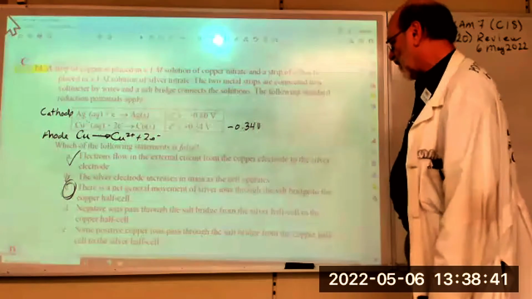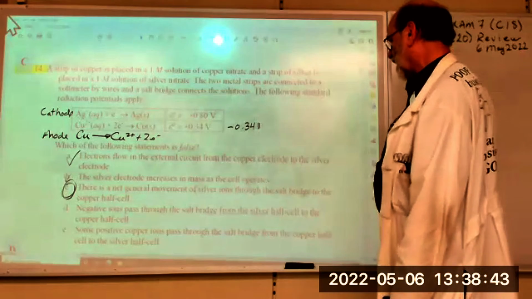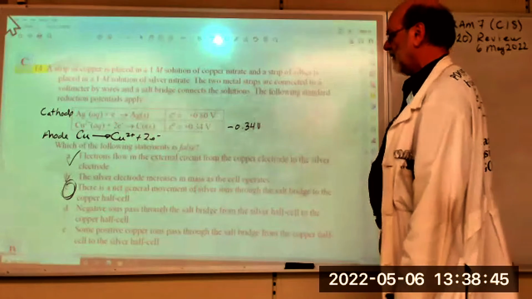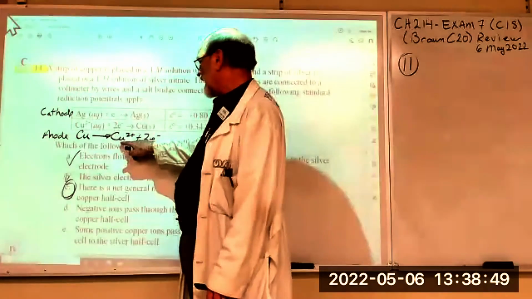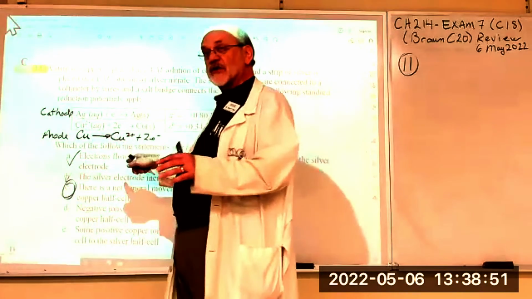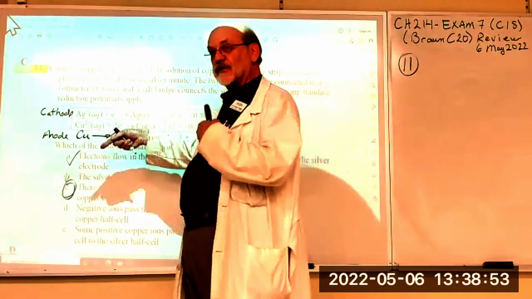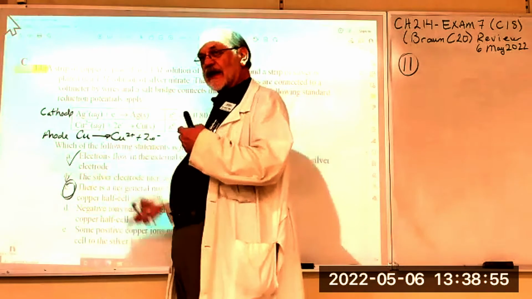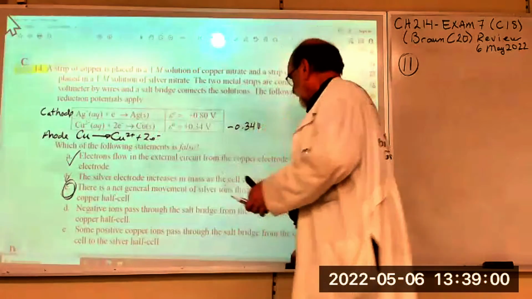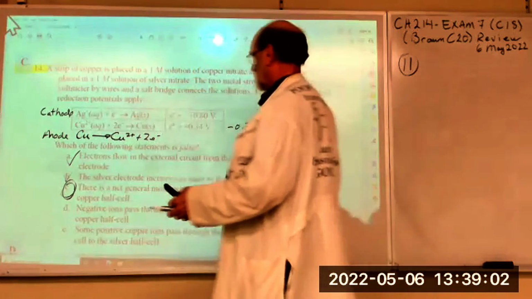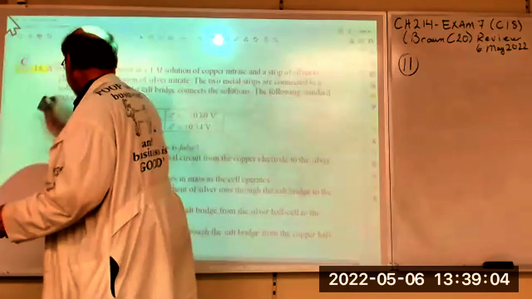And some positive copper ions pass through the salt bridge from the copper half cell to the silver half cell. Some copper ions, yes, because you're building up an excess of copper ions, positive charge on the anode side, and it's trying to equalize, so they'll move through the salt bridge. Okie doke. We found our answer, C.